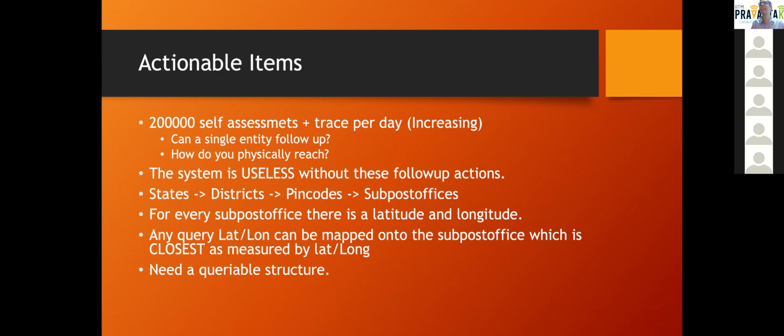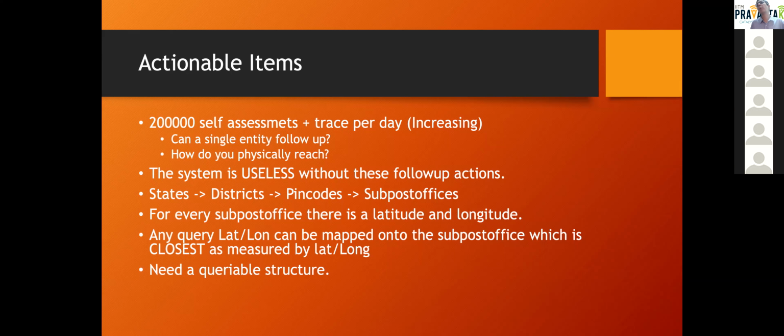actionable. Now we can tell every state, every district within state, every pin code within that district can download this report and find out every sub-post office within that pin code, and find out how many people are there in that sub-post office whom they need to attend to. So essentially, the job now gets distributed across, right?